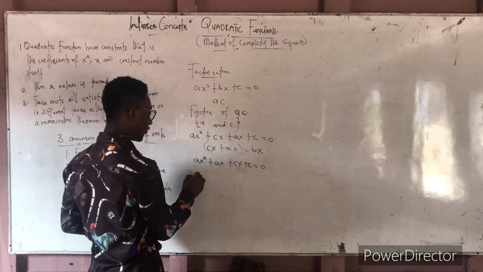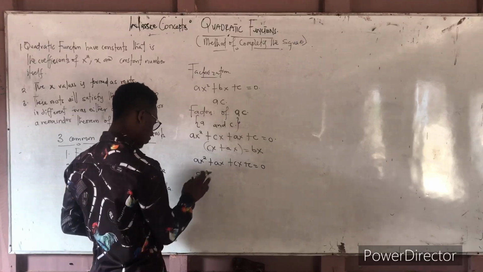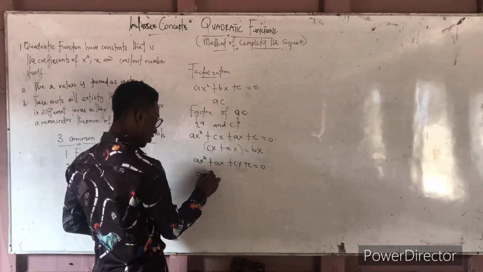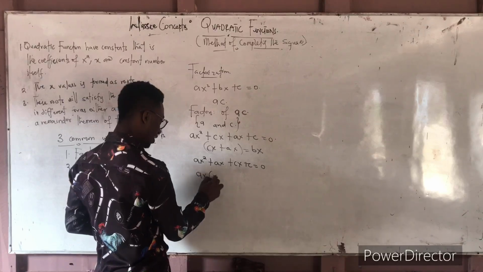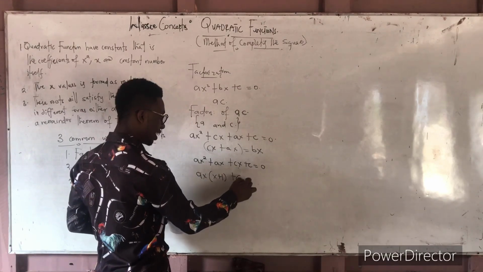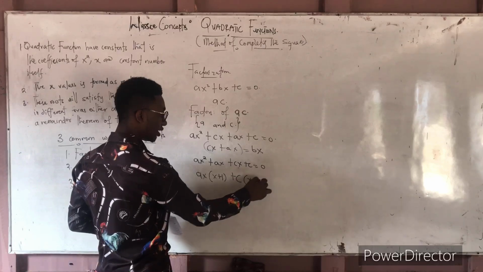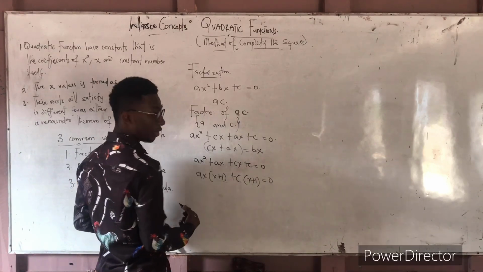You can factorize, taking out x from the first two terms, and also factorize c out of the last two terms. Anytime you do that, you must make sure that the factor in the bracket is equal.